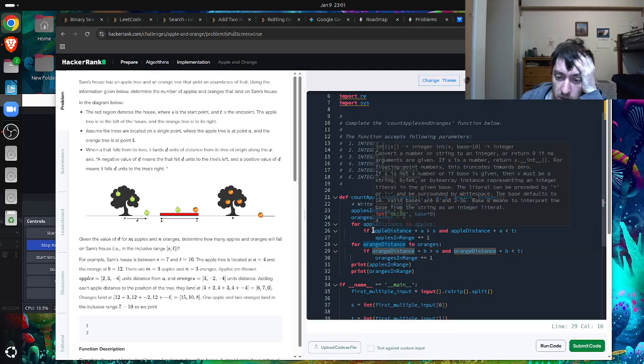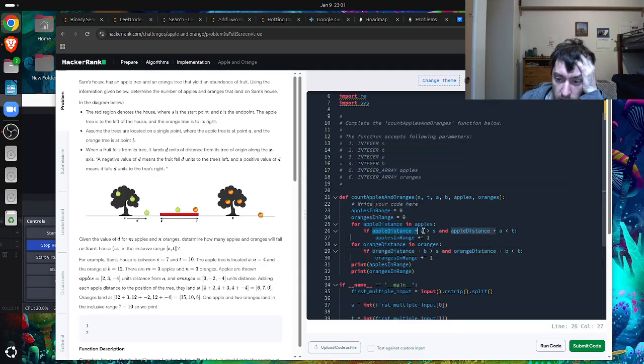But we went over this and I thought I got it right. So this one right here, apple distance plus A, and A is where I currently am.